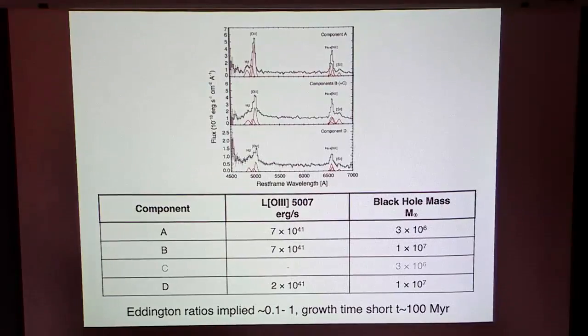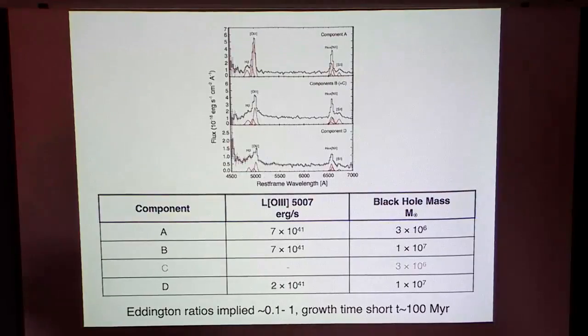And we can more or less rule out an ultra-low metallicity starburst, which would also give you a huge [OIII] to H beta ratio, based on the fact that this thing is massive. If you apply the fundamental metallicity relation, the relationship between star formation rate, stellar mass and gas phase metallicity, we can basically completely rule out the idea that this is a low metallicity starburst in these clumps. So we have 10^6 to 10^7-ish solar mass black holes growing near or at Eddington inside the clumps of this galaxy.